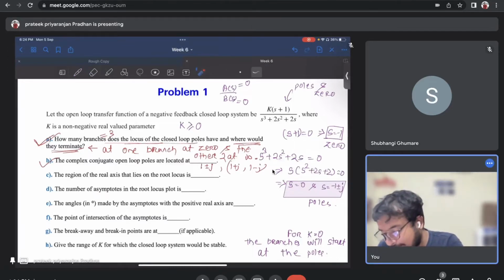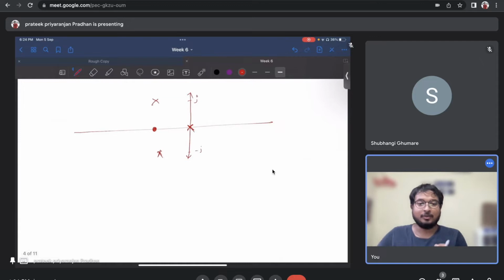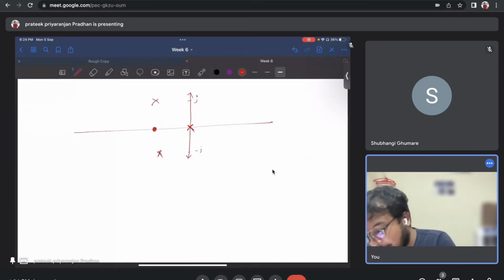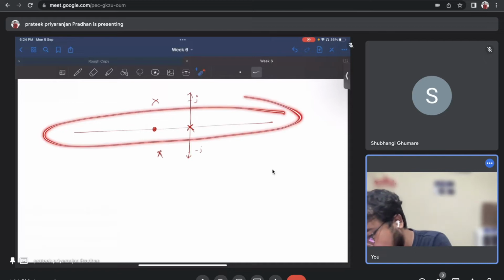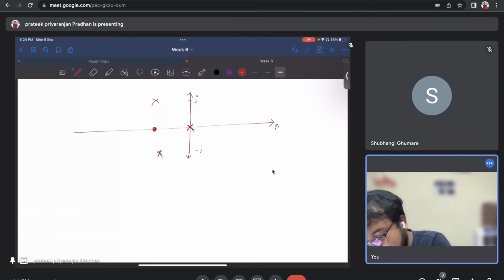The third question is, the region of real axis that lies on the root locus. Now come back to the diagram. This is the real axis and this is the imaginary axis of the S plane.